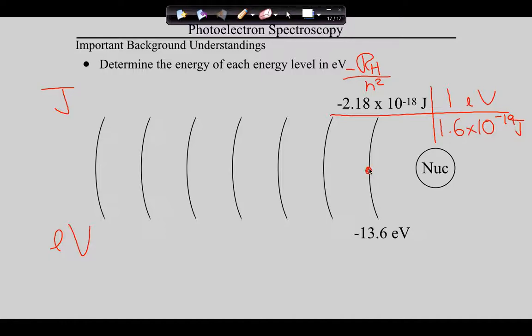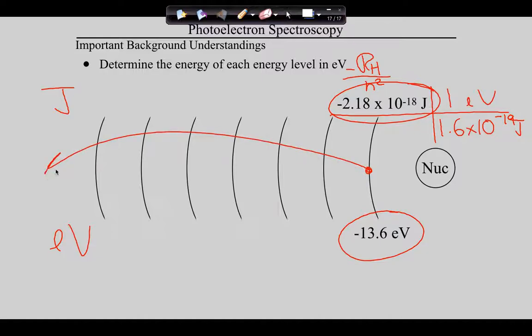This number, whether it's in joules or in electron volts, is the energy of the first energy level, which is also the amount of energy we've got to add to kick that electron out. Are you comfortable with the idea? Because if you are, we're going to transition. So guys, let's do questions specific to this, and if you're feeling comfortable, we'll move forward.